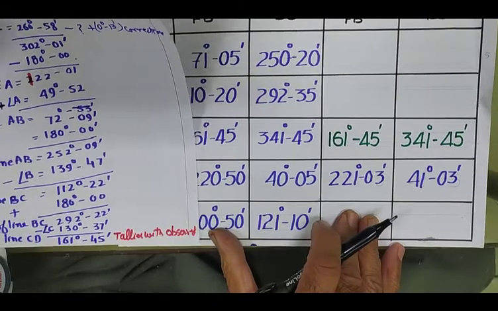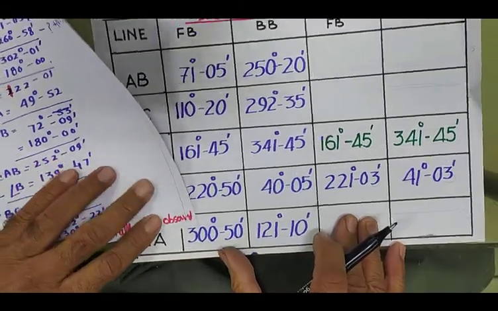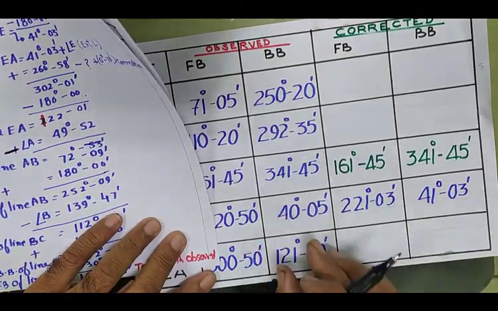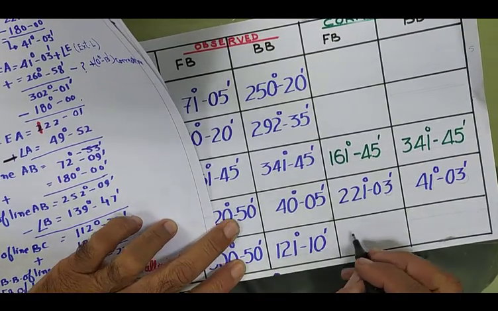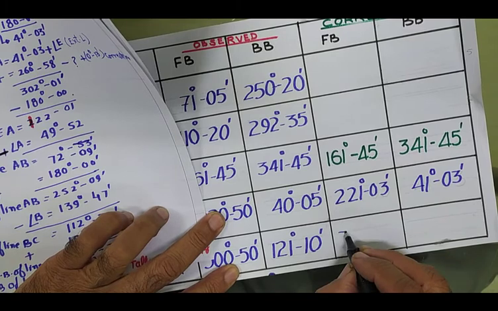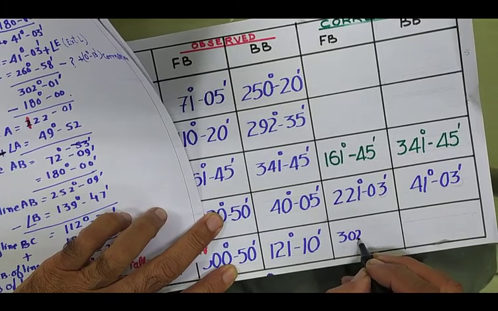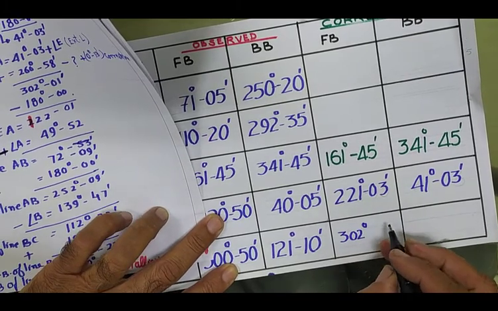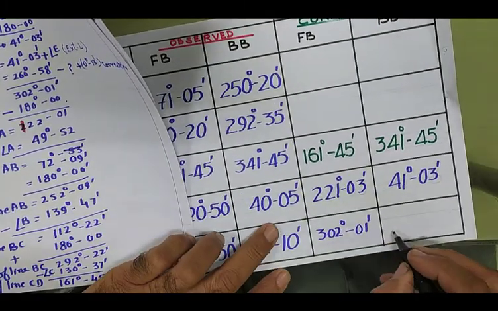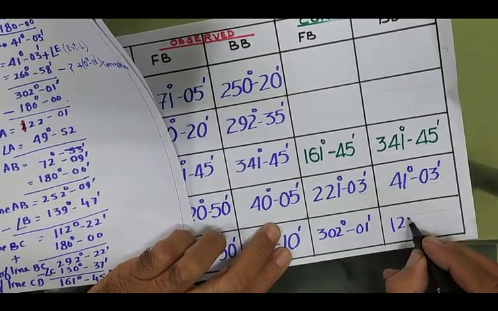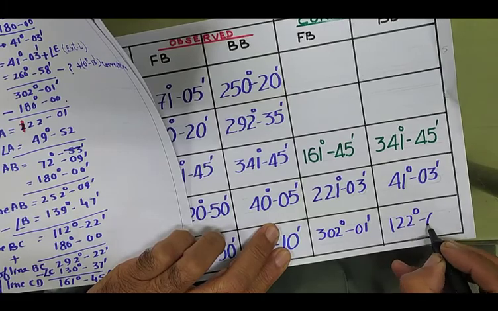And then the forward bearing of line EA we have calculated as 302 degrees 1 minute, and its back bearing is 122 degrees 1 minute.